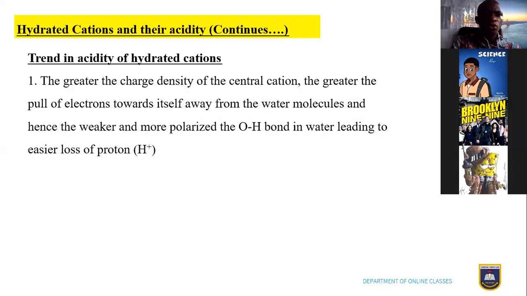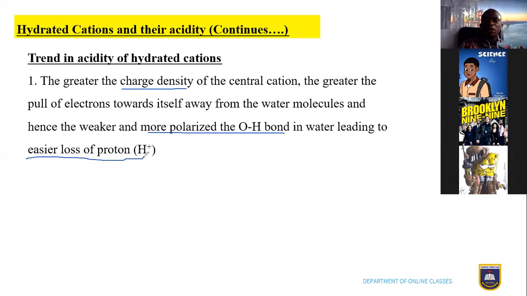Some terms you need to understand. I need to explain charge density, polarized OH bond, and then easier loss of proton. Acidity is basically determined by how quickly H plus is released into solution.